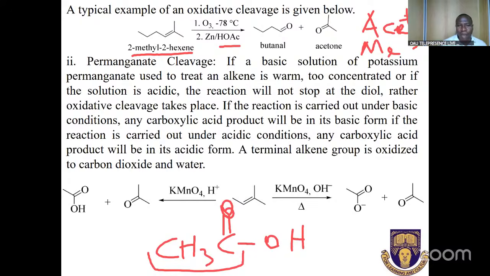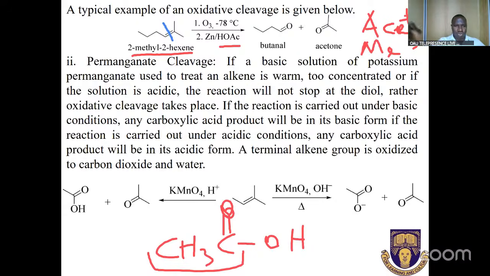And what really happens is this, and I need you to please pay close attention. I'll change my marker color. You can see where the double bond is on the starting material, 2-methyl-2-hexene. Just imagine we bring in a line there to divide that double bond, so that the double bond remains on both sides.